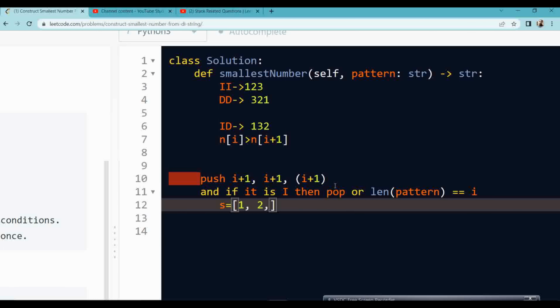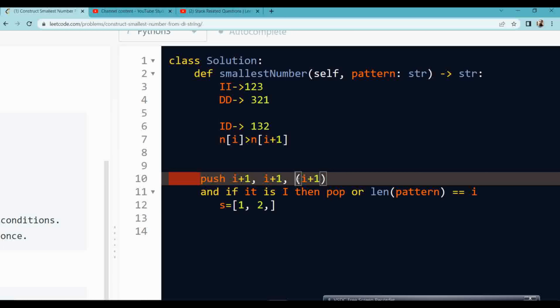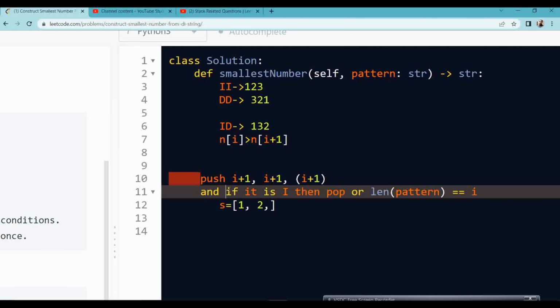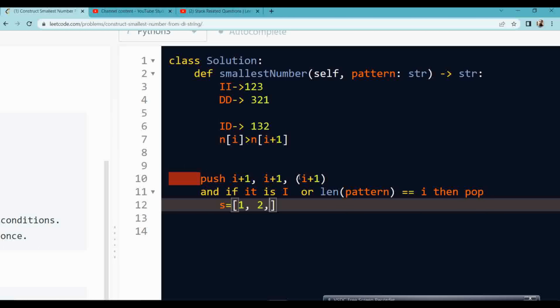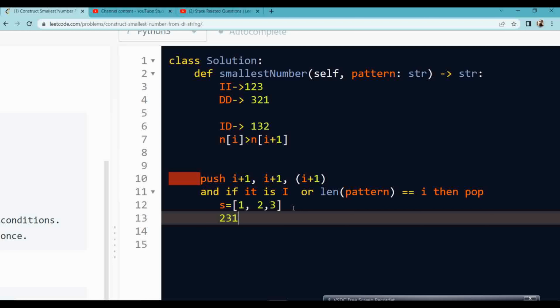Now the length of pattern is 2 and i is also 2. Then I have already pushed 2, now I have pushed 3. Now I need to pop. If I pop, it will be 3 2 1, and that will be our answer.